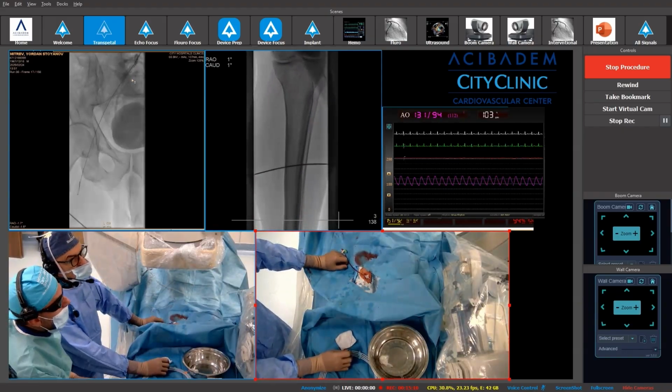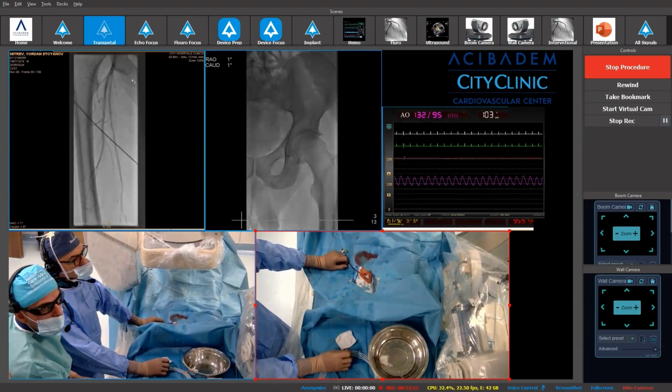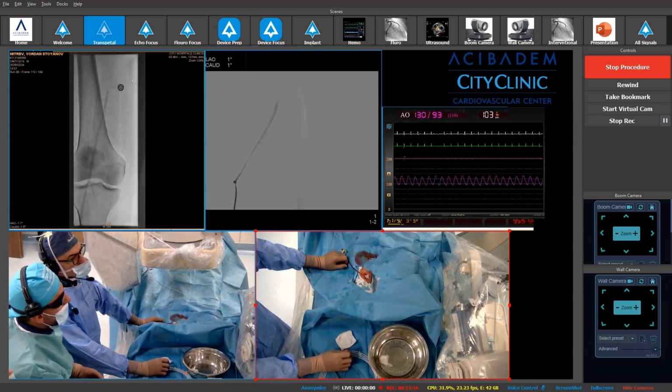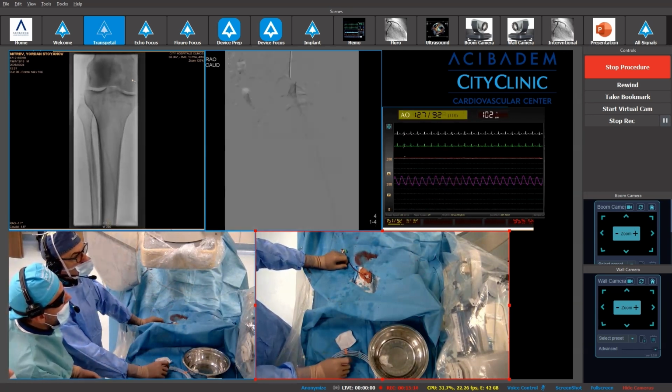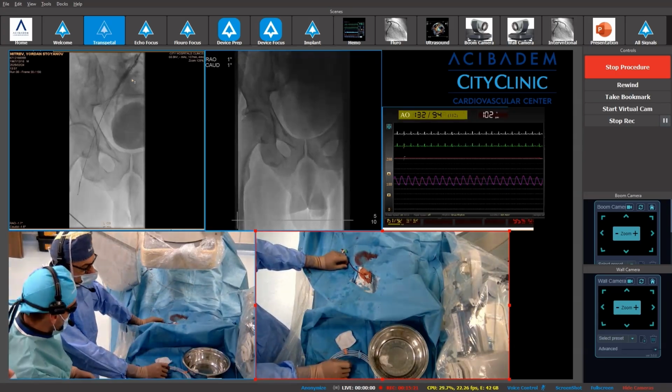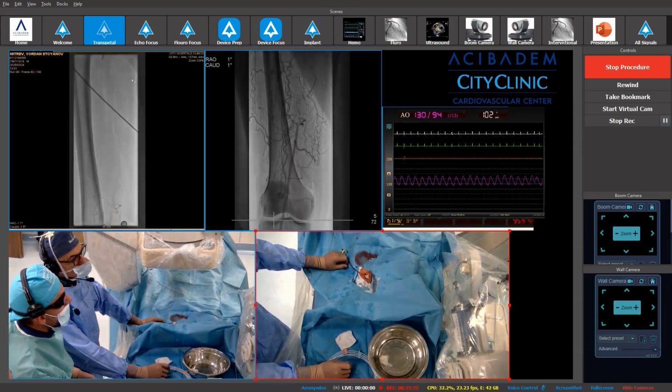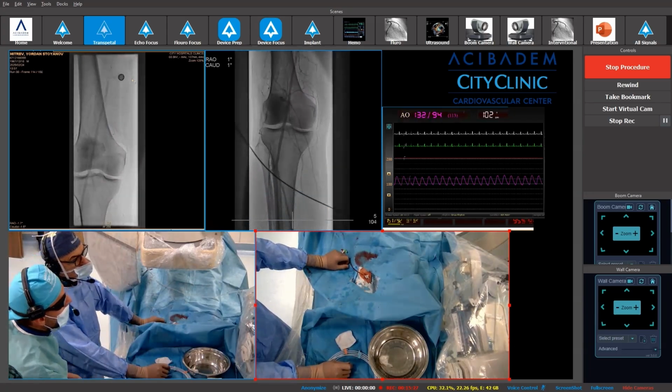You probably see the long SFA occlusion, very typical. We are in Bulgaria, on the Balkans. So in most cases, we receive patients not with stenosis, but with total occlusion of the SFA.